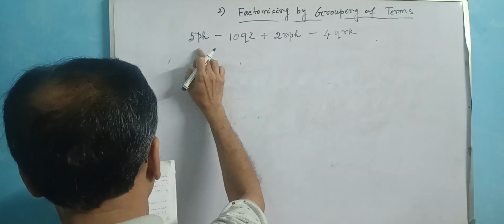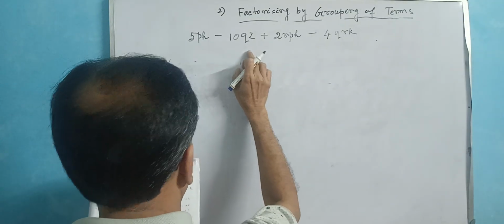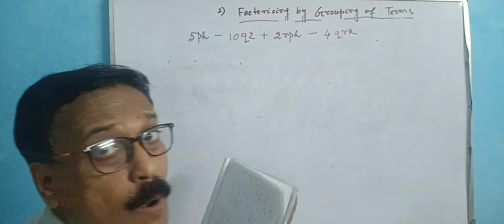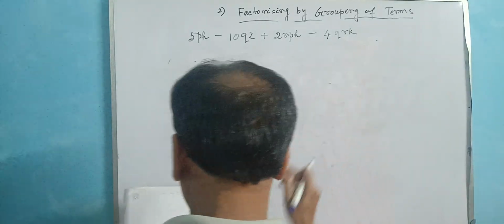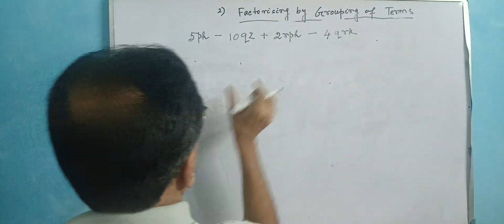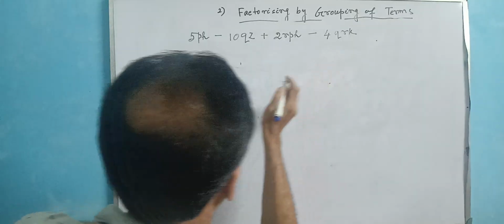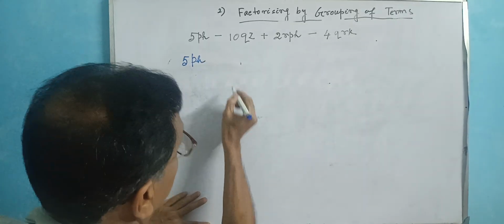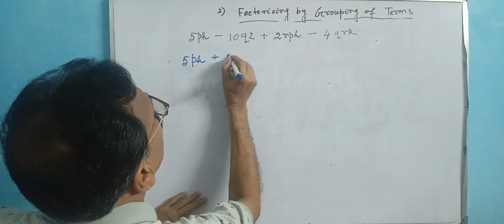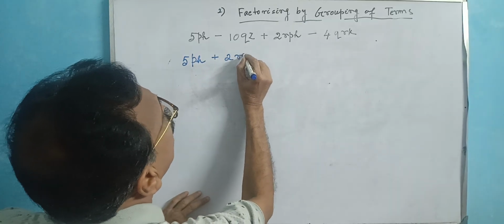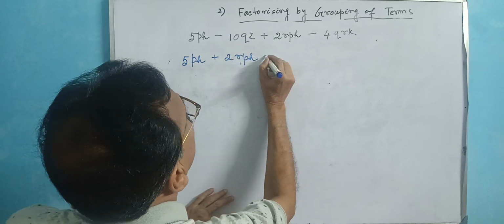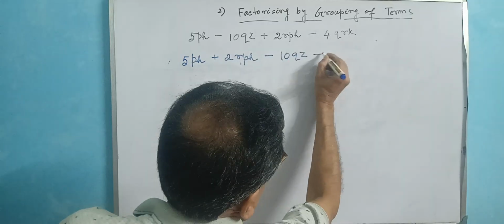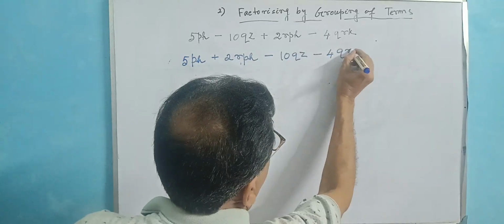This is 5pH minus 10QZ plus 2RPH minus 4QRK. Just rearrange this. So this is 5pH plus 2RPH, and now this minus 10QZ and this minus 4QRK.